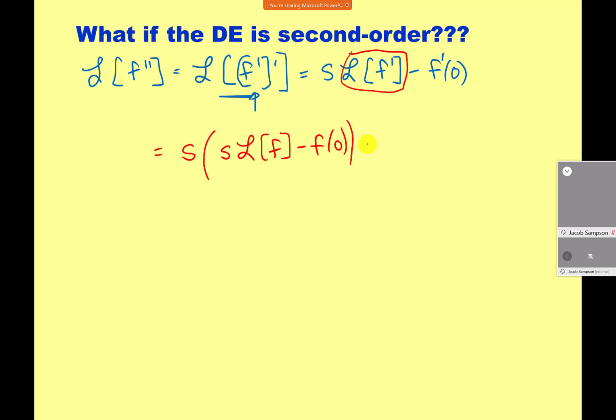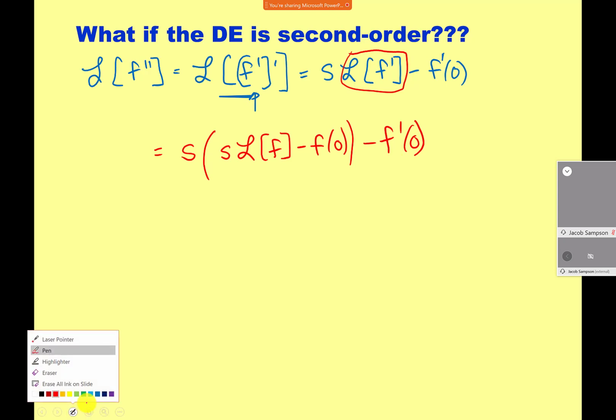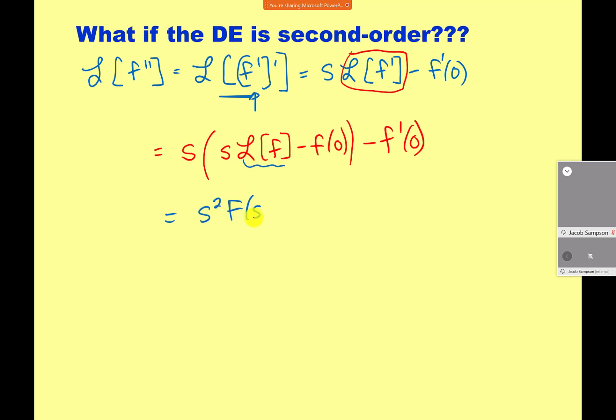And then this piece is still on the end, f prime of 0. Okay, so putting kind of all of that together so we can kind of see the pattern and a formula, this is going to be s squared, and I'm going to write this as just F of s. Okay, minus s f of 0, and then because we had to distribute that s through, and then minus f prime of 0.